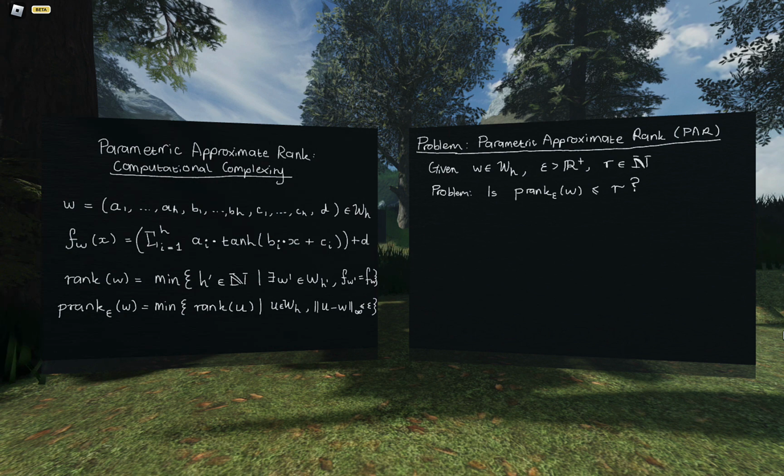And so this is a yes or no question, and that qualifies this problem that I've defined as a decision problem. So this is the problem that I'm going to be proving is NP complete. So I'll talk about what that means.